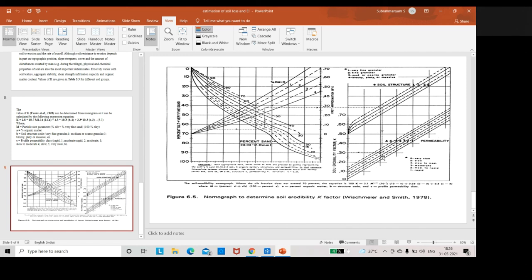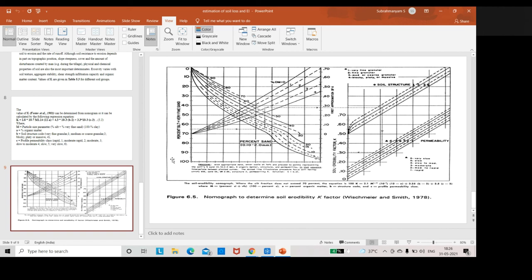Structure and permeability are coinciding here. Then we will get 0.31, that is the soil erodibility factor. From this nomogram, we will calculate the K value like this.